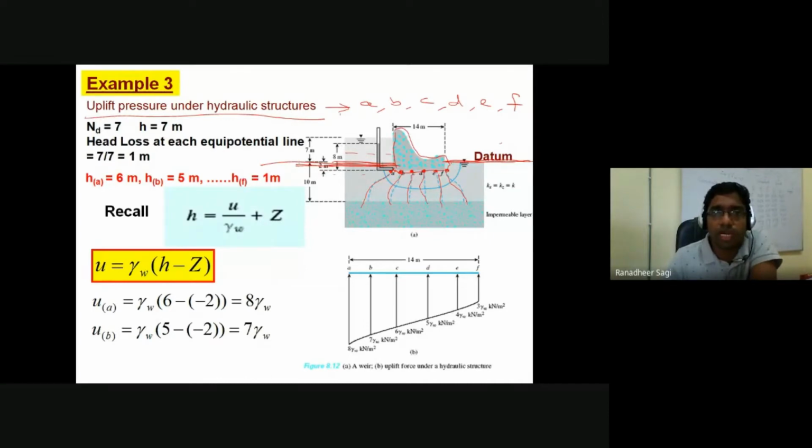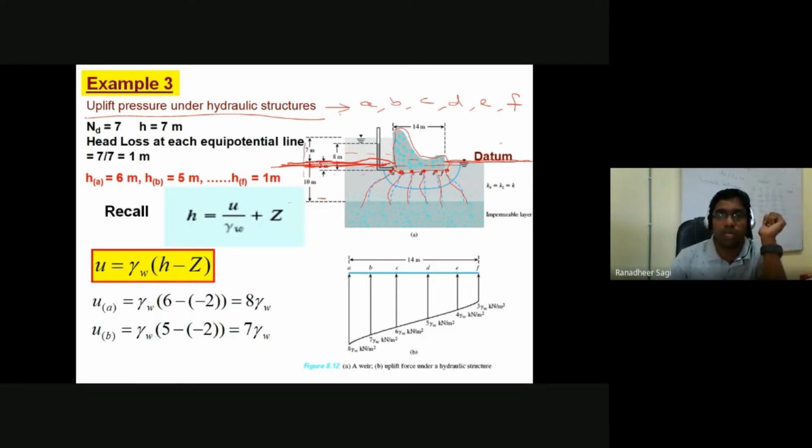So what is my total head corresponding to this equipotential line? If this itself is the reference datum, and this itself is indicating the reference datum I am talking about. So this is upstream, which I am calling the first equipotential line. My total head value, if I try to calculate, this line is lying on the datum, so no elevation head.